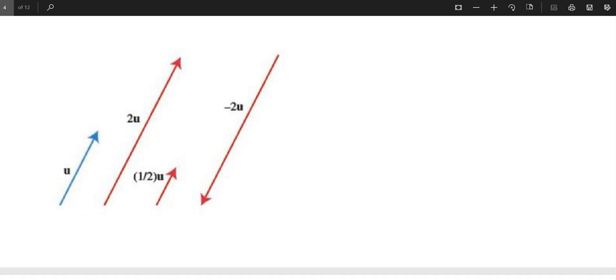If it's a speed, folks, it means that I have twice the speed, but I have the same direction. So half u is obviously the same direction, but just half as much. And then negative 2u, they show you, is twice the original length of u and going in the opposite direction.